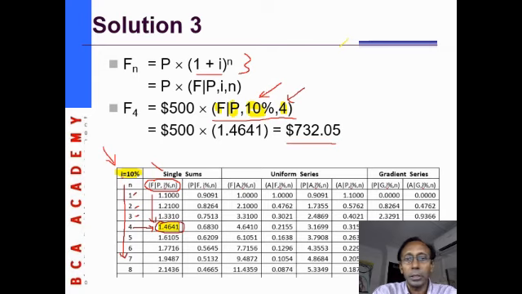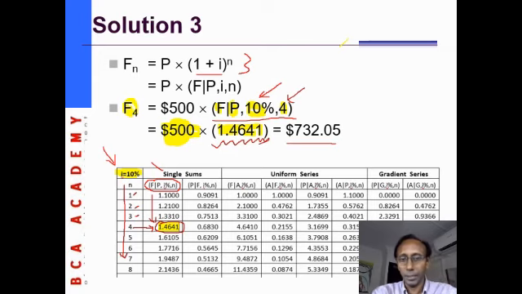1.4641. So you copy down that factor over here. This is the factor to be multiplied by the known figure, which is your initial investment of 500. That's not the final answer. The factor is not the final answer. Please remember you have to take the factor and multiply by the principal. If the principal is double, your output, the future value, also will be higher, right?